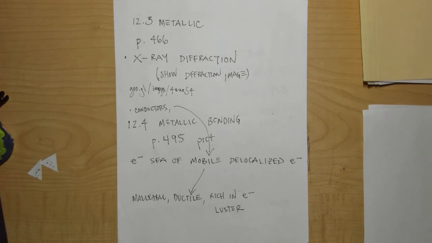Metallic solids are things that are good conductors. They're malleable, they're ductile, they're rich in electrons, and they have what's called a mobile sea of delocalized electrons. And if you go to page number 495, it has a really nice picture of this, metal ions with a mobile sea of electrons.